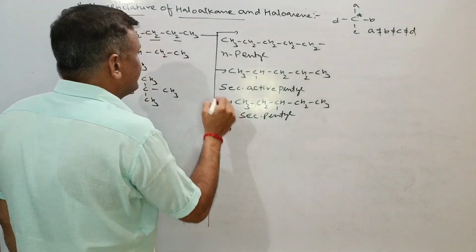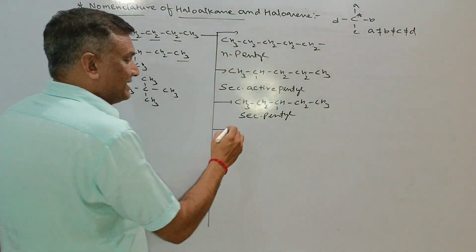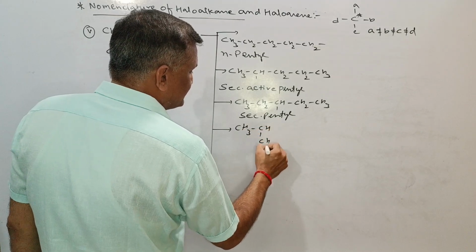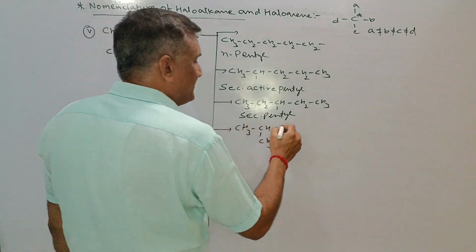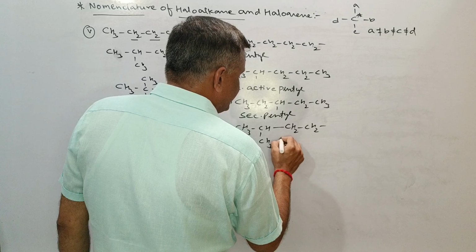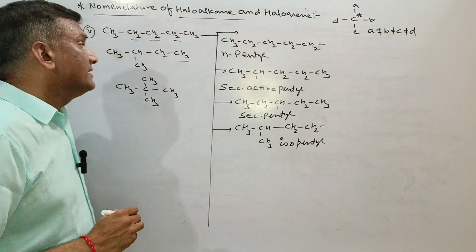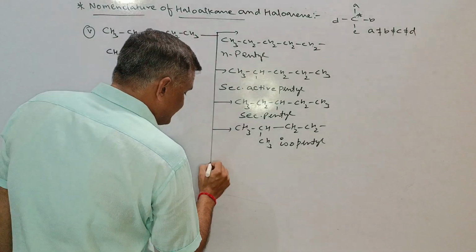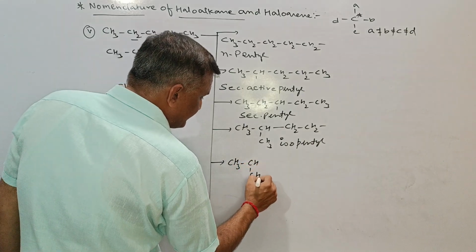We'll remove the hydrogen from the number 1 position, terminal from the right. Then it will be your CH3, CHCH3. We have discussed that this structure is also called iso, and the remaining 2 carbons will be CH2 and CH2. This is called isopentyl. If I remove the hydrogen from the number 2 position, then this will be as follows: CH3, CHCH3.